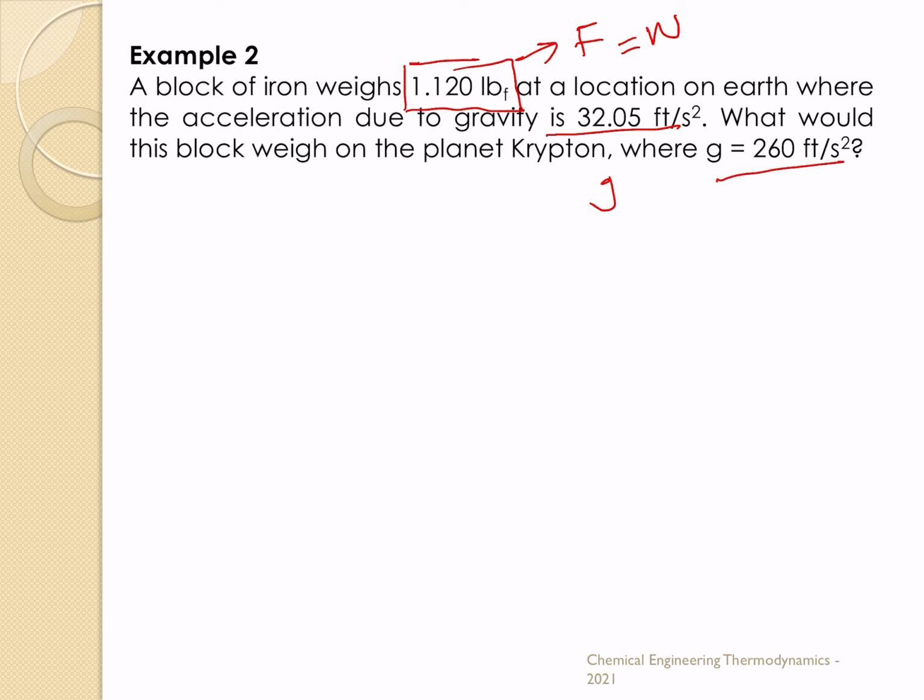We've seen that the acceleration due to gravity might vary, but we were given a formula in the morning where we saw that m equals F gc divided by g. gc is a constant, which is 32.17. So if you plug everything in, we've got our F, 1,120, multiplied by 32.17.